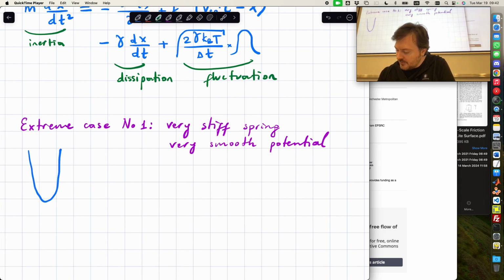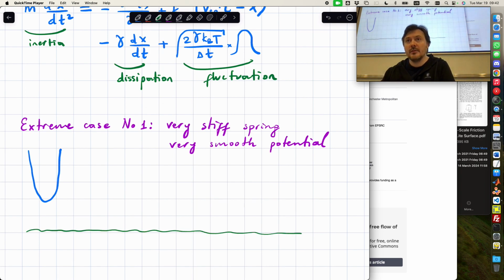While the potential of the corrugation looks like this. The potential is very weak. So what will happen? It will not do this tick, tick, tick. It will just do this. So it's so stiff that it's like a pencil moving over a potential that is not really corrugated.